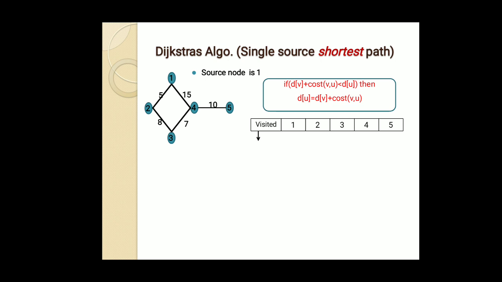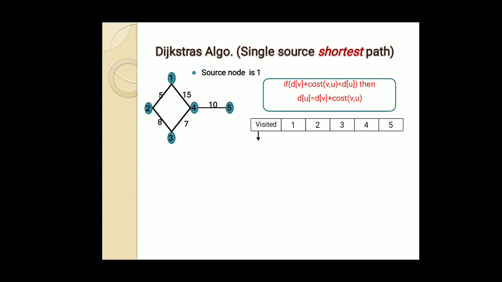Even with respect to the node I'm starting my traversal from, the source node is 1. From there I'll be traversing to all other nodes, like 1 to 2 and 1 to 4, which I can reach directly, whereas 3 and 5 I'm not able to reach directly from source node 1.